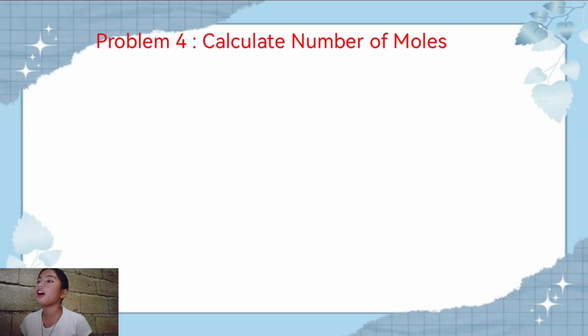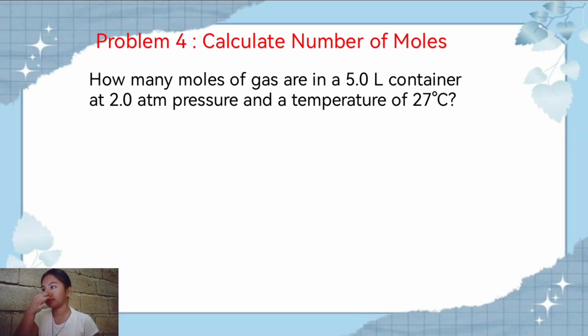So for our last problem, let's solve for the number of moles. How many moles of gas are in a 5.0 liters container at 2.0 atm pressure and a temperature of 27 degrees Celsius? So ang temperature kay degrees Celsius gihapon ang gihatag, so we have to convert that into Kelvin.